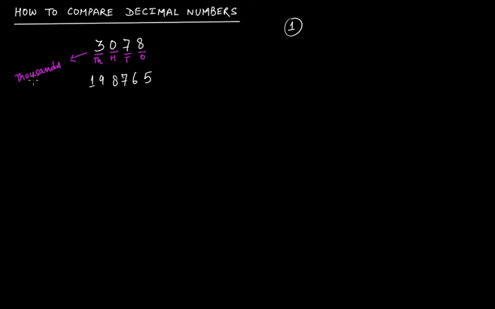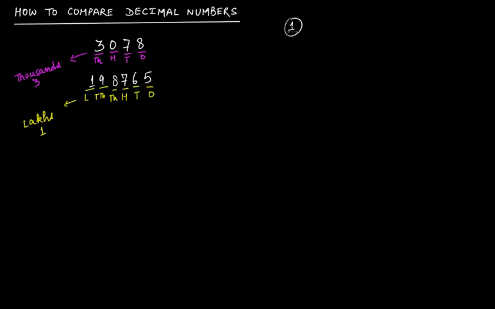And at the thousands place we have 3. In this number we have ones, tens, hundreds, thousands, 10,000s, and then lakhs. So the highest place value in this number is what? Lakhs. And at the lakhs place value we have 1 as the digit.